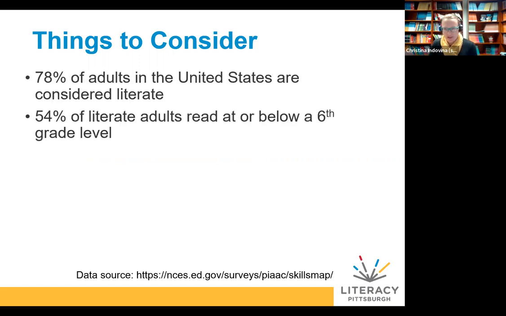When I first started in adult education, I was focused on teaching the 22% who aren't literate to read and engage in society. The longer I'm in this field, the more I focus on the second number: 54% of the adults who are literate are reading at or below a 6th grade reading level. So they're not illiterate, they're reading at a 4th to 6th grade level.